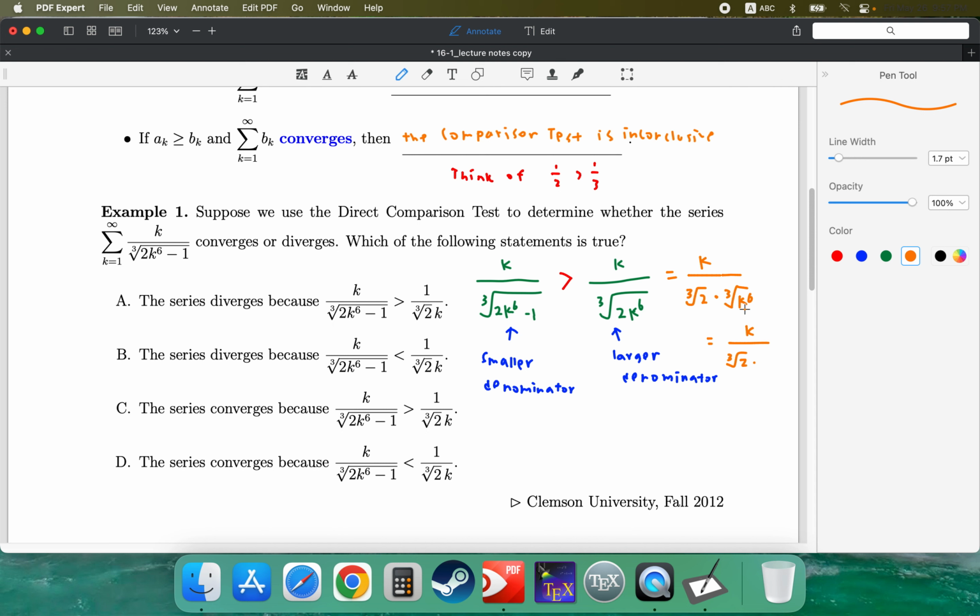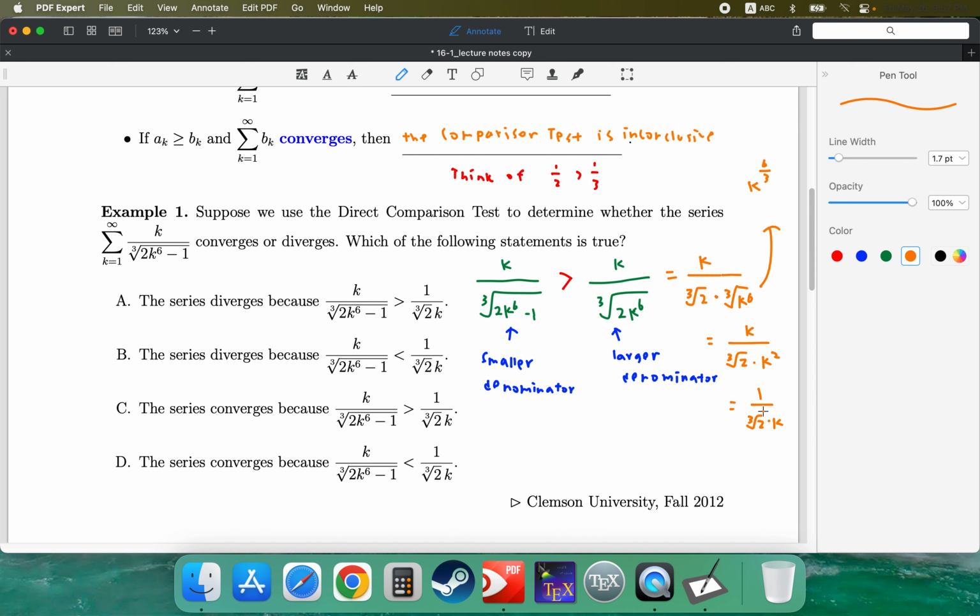Notice that the cubic root of k to the 6 is k to the 6 over 3. We use exponential laws. The cubic root means the power of 1/3. So 6 over 3 means that will be k squared. And finally you divide both top and bottom by a k to get 1 over the cubic root of 2 times k. So that's why you see here we have 1 over the cubic root of 2 times k.